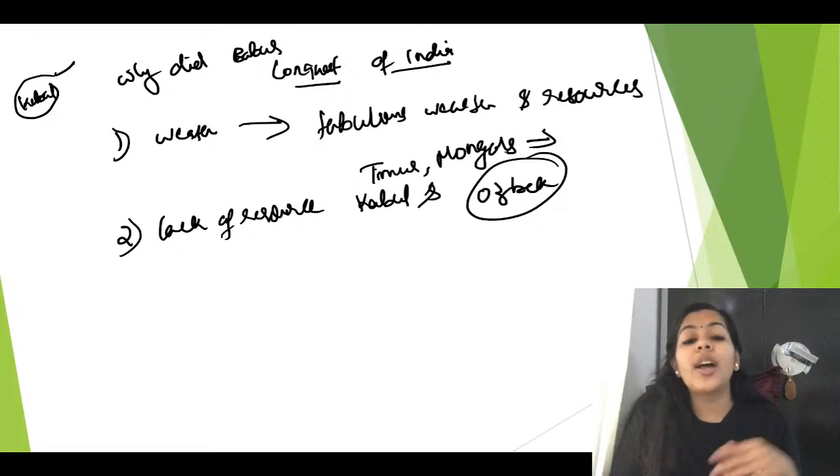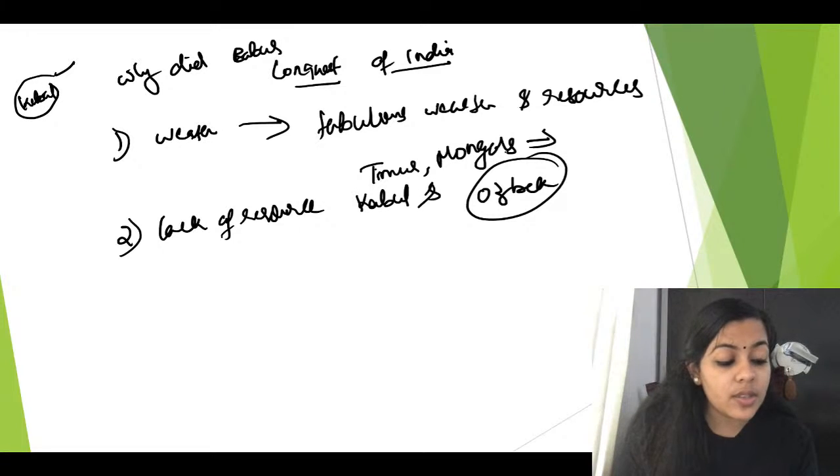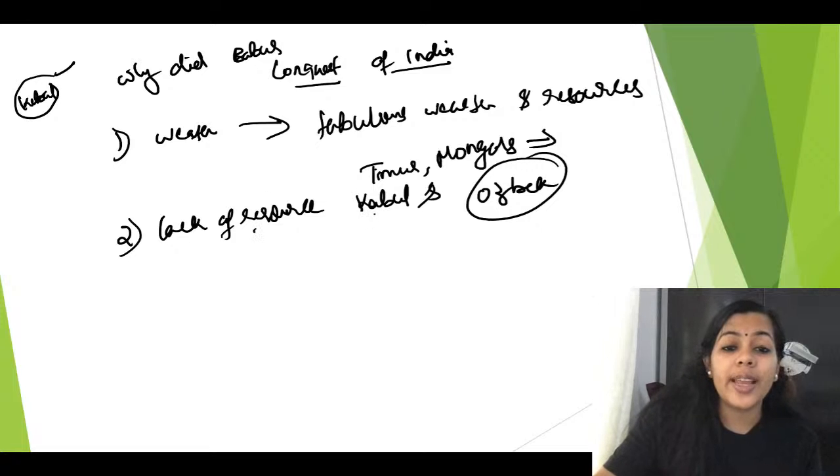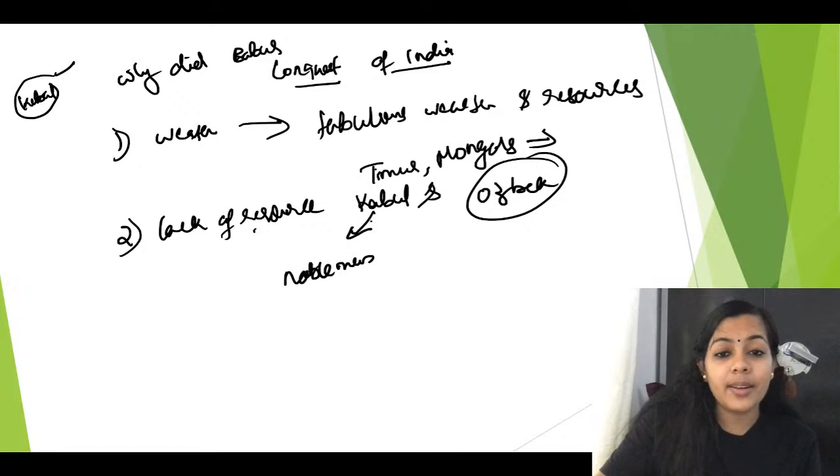See, unlike Punjab or other areas, Kabul was not a resource area. So in Kabul he was not able to pay his noblemen and kinsmen who stood with him.